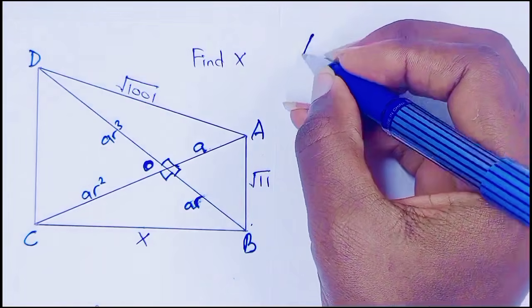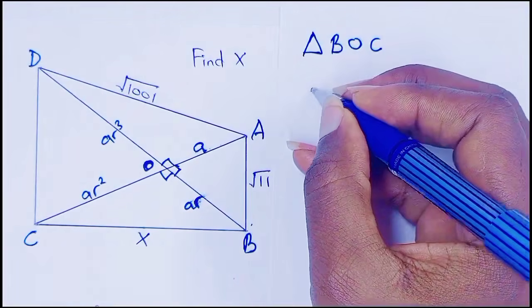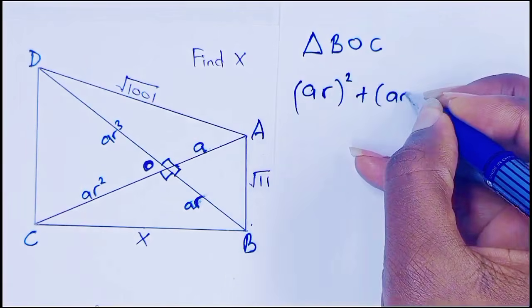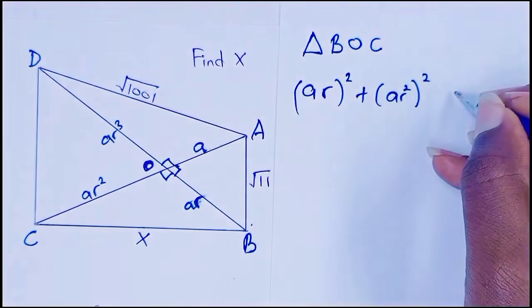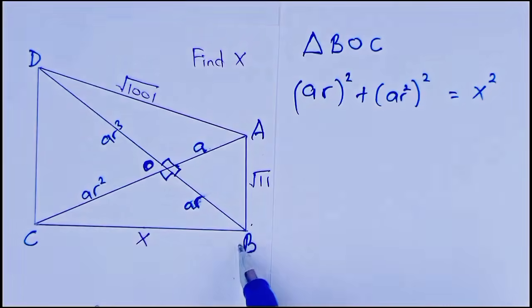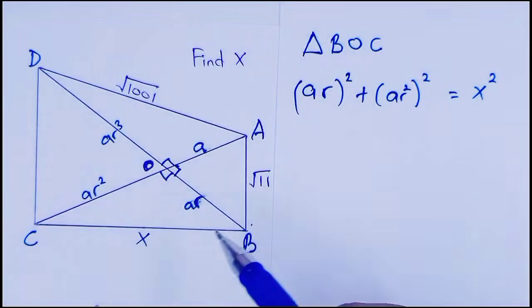Also, from triangle BOC, we can see that AR squared plus AR squared is equal to x squared, since CB is the hypotenuse of BOC.